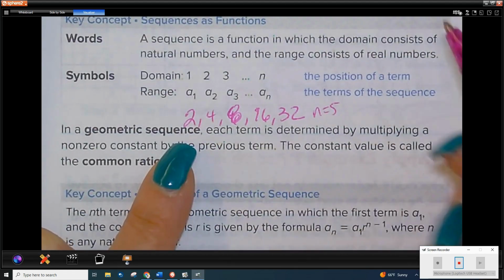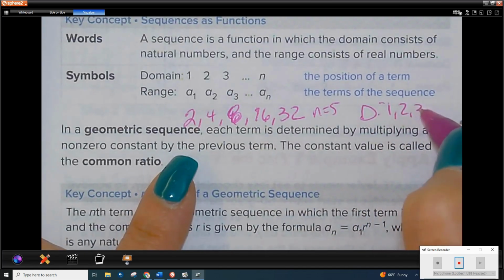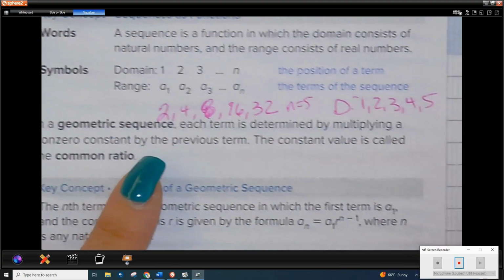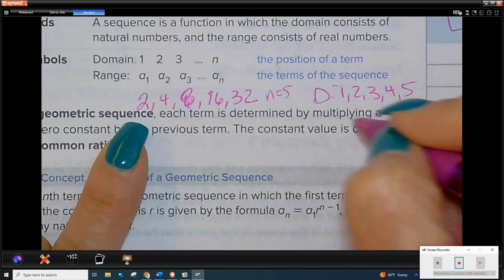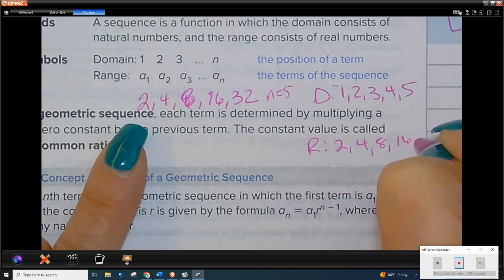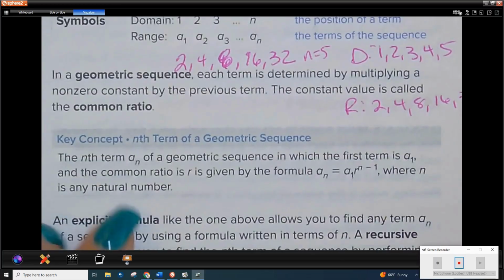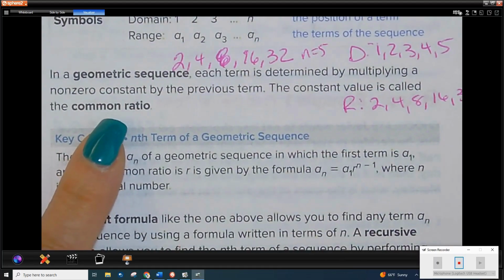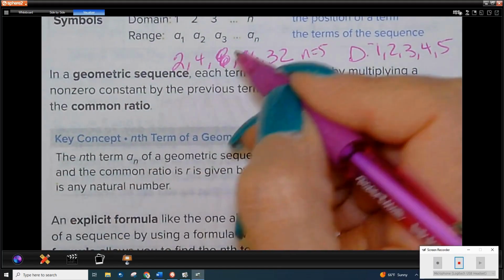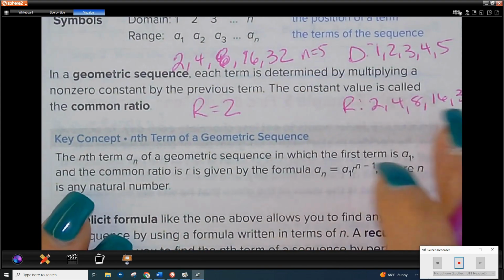So my domain would be 1, 2, 3, 4, 5 for the 5 terms. And my range would be 2, 4, 8, 16, 32. Okay? On my example right here, the common ratio that it's multiplying by, my ratio is 2, because I'm multiplying by 2 to get the next term.